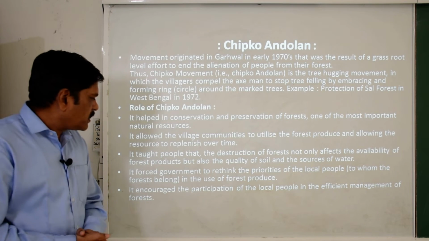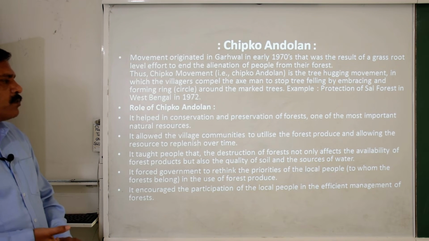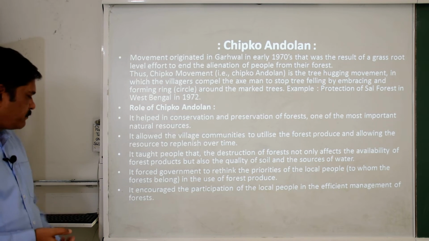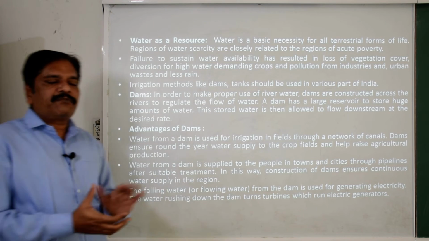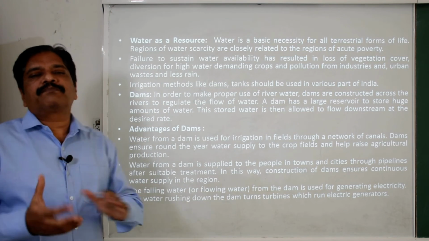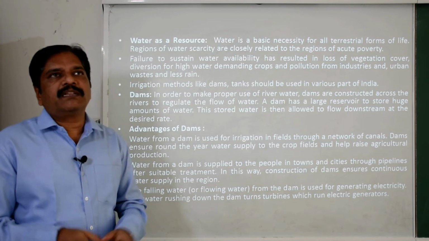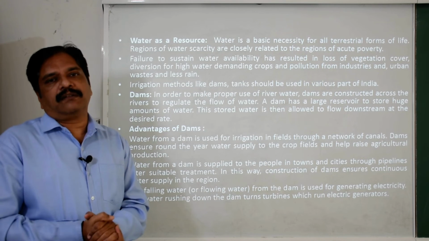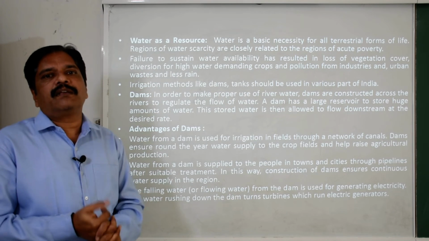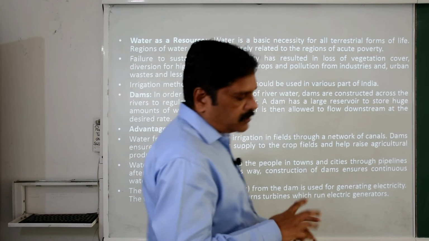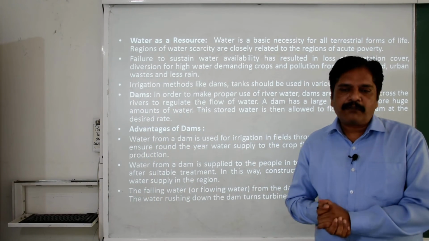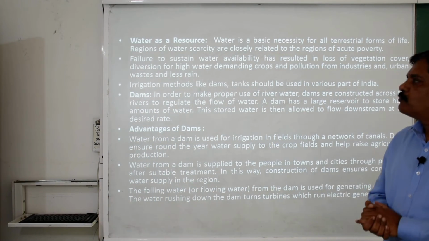Okay, it encourages the participation of the local people in the efficient management of the forest. So in this way you can see that this Chipko Andolan, or what you say, the hug the tree movement, is actually influencing nature and very positively affects human beings.